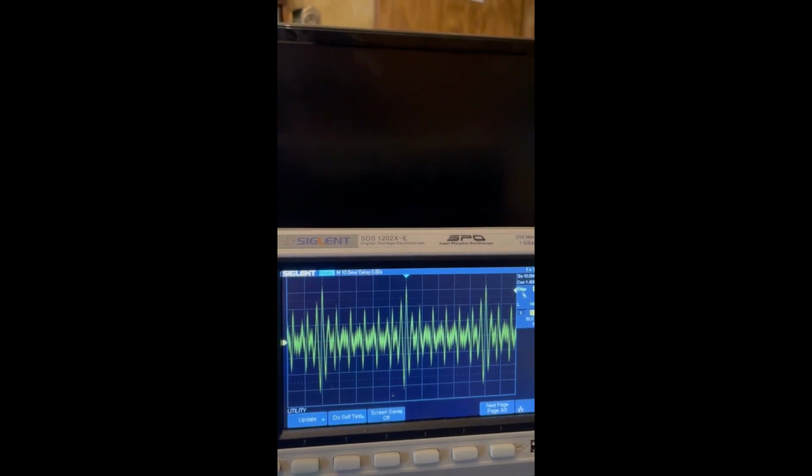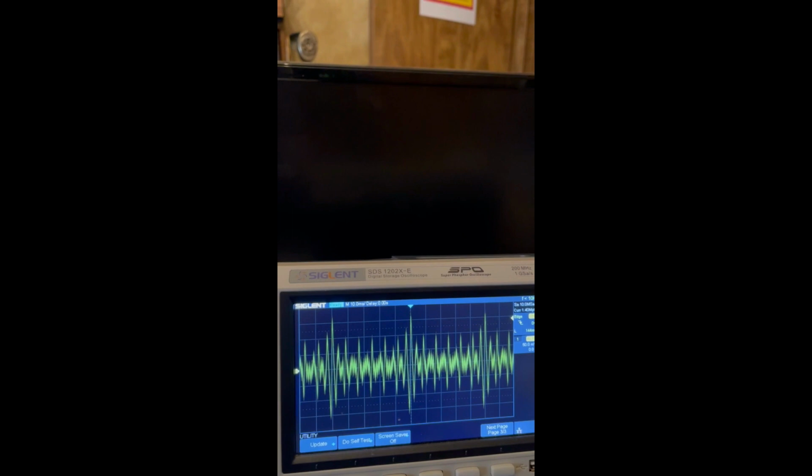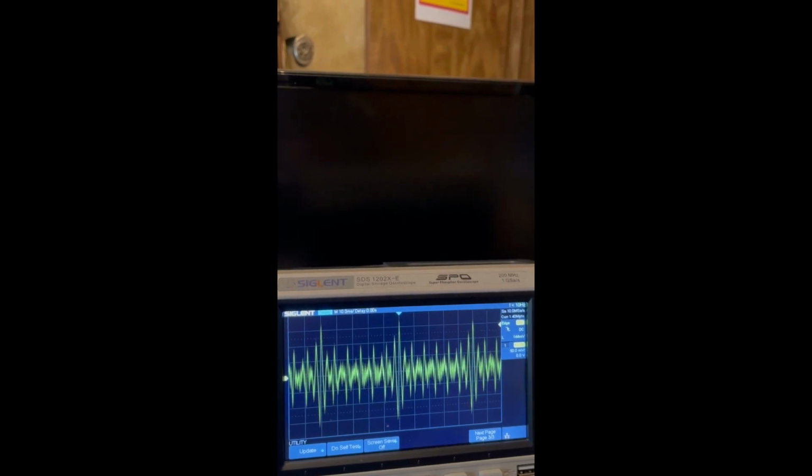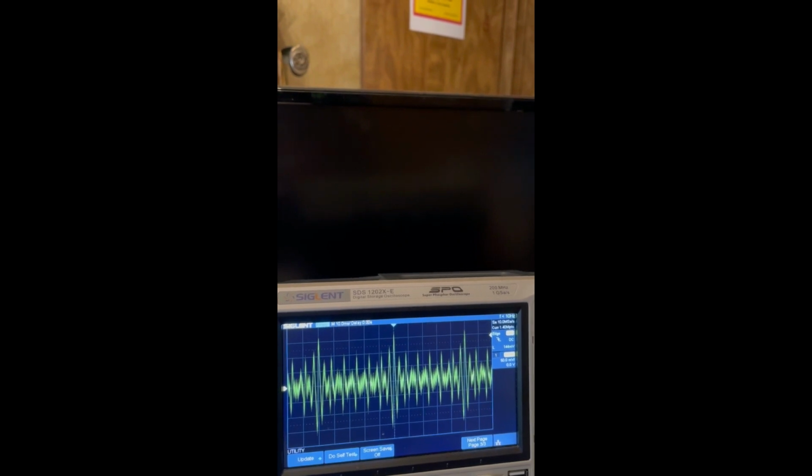And then we have minor frequencies that are higher than that. I would imagine that's probably up around 720 hertz, which is the top frequency, based on either 360 or 720.